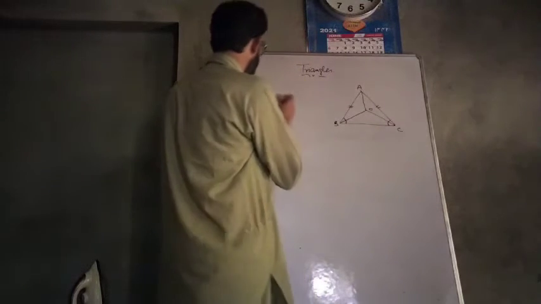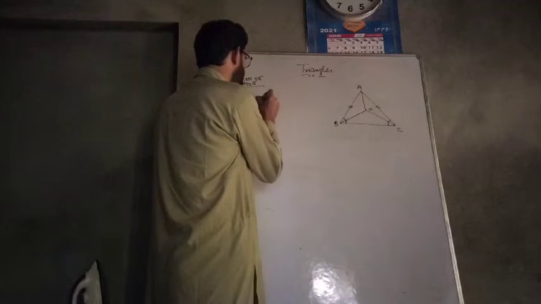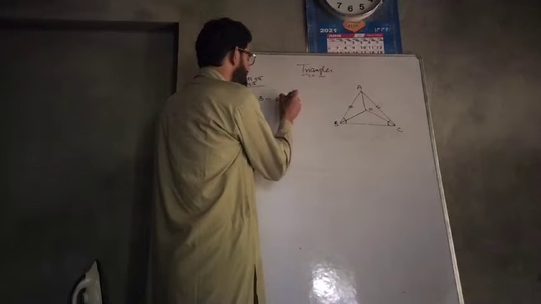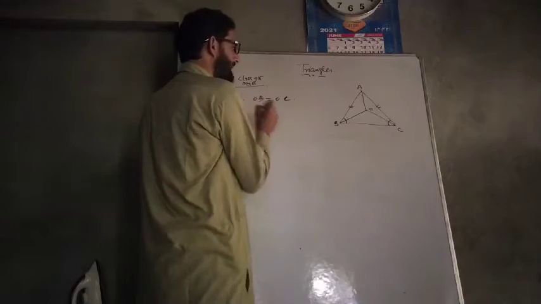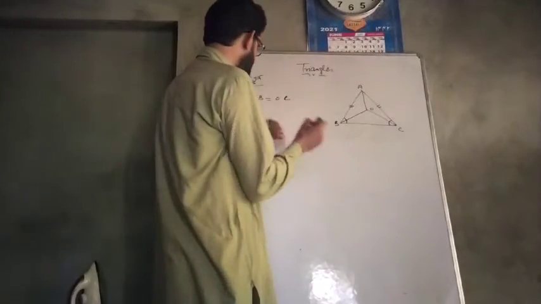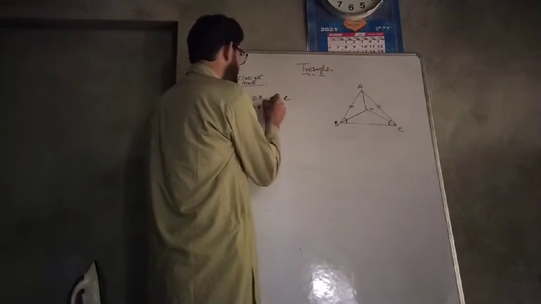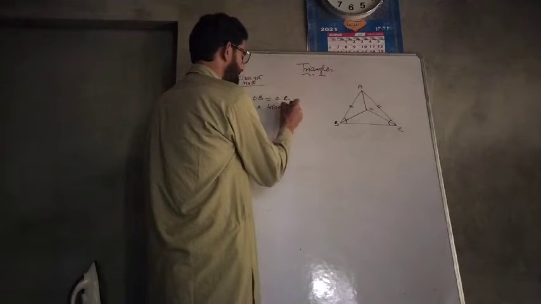This is joined. Now we have to prove that OB is equal to OC. This is our requirement. OB is equal to OC. And the second thing is that we have to show that OA bisects angle A. OA bisects angle A.